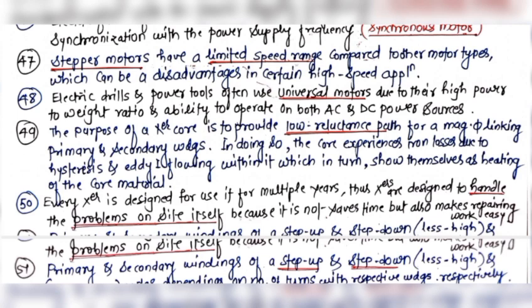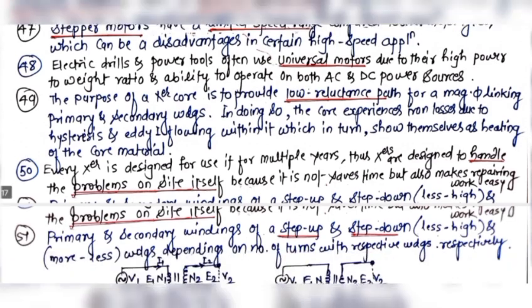Every transformer is designed to be used for multiple years. Thus, transformers are designed to handle problems on site itself, because it saves time and also makes repair work easy.